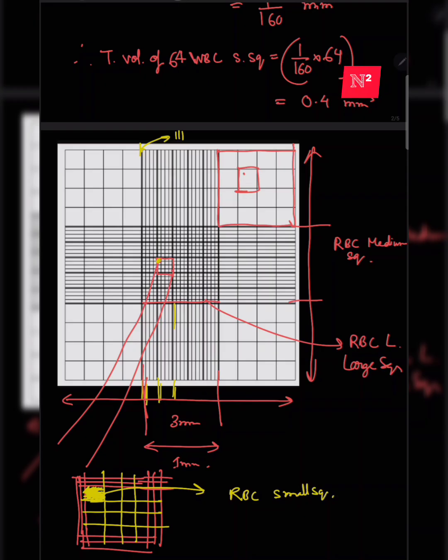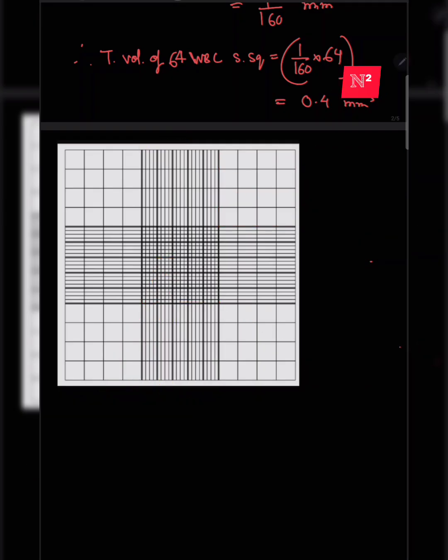Let's learn about the dimensions of the squares and the areas. Let's start our area calculation from the RBC large square, that means this square. I told you a 3 millimeter grid is divided into 3 equal parts. So the length of this grid is 1 millimeter.